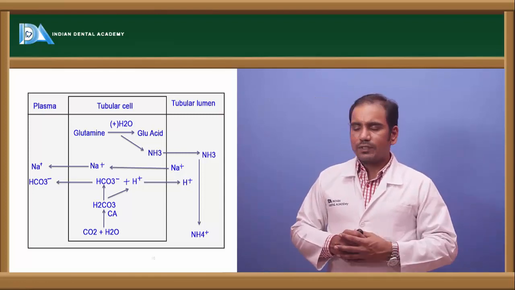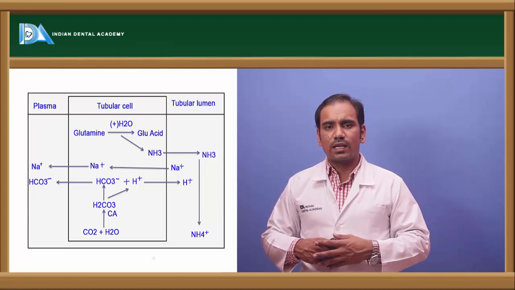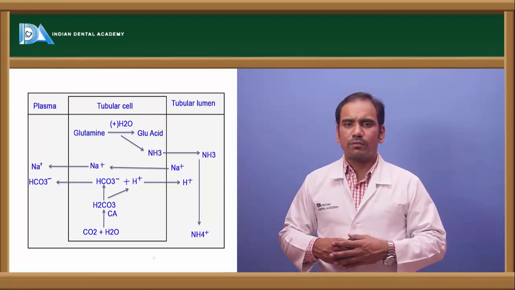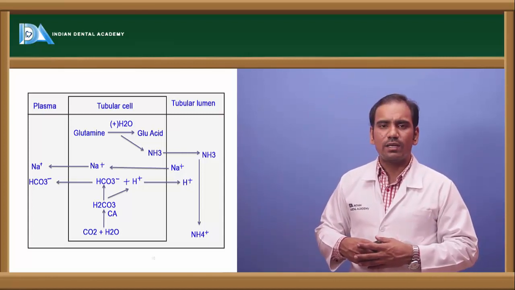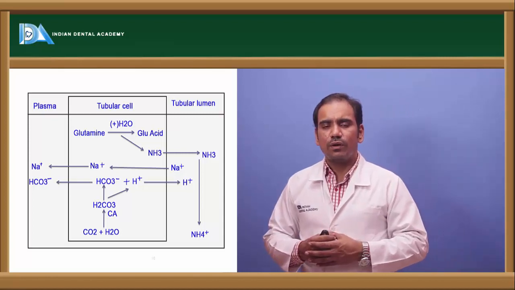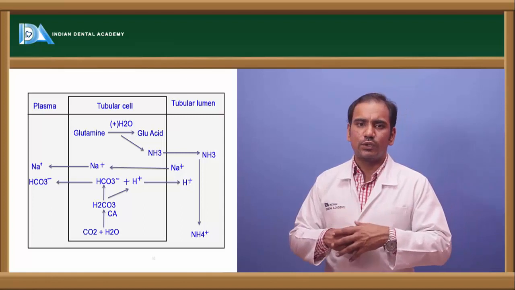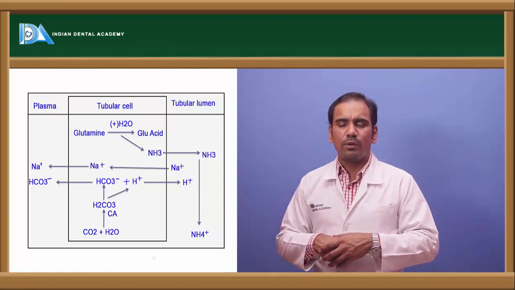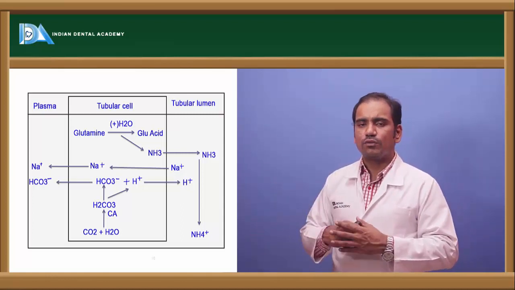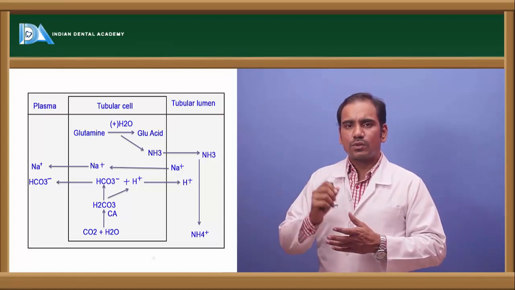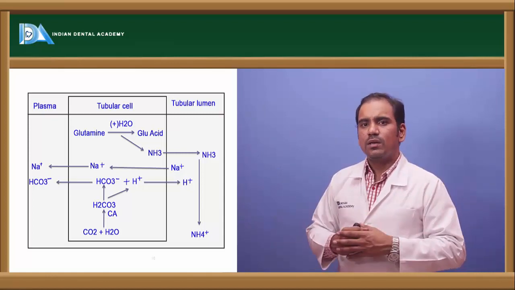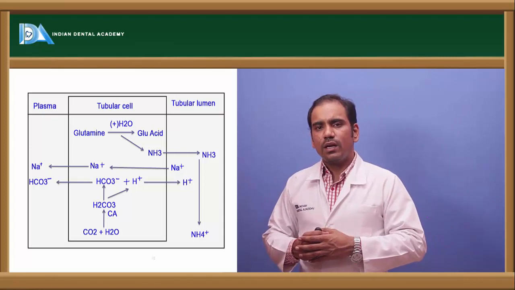How are the H plus ions generated in the DCT cell? By the action of the same enzyme, carbonic anhydrase, which catalyzes the reaction of carbon dioxide and water to carbonic acid, and that gets dissociated into H plus ions and bicarbonate. H plus ions enter the tubular lumen in exchange for sodium, and the source of sodium is disodium hydrogen phosphate, right?